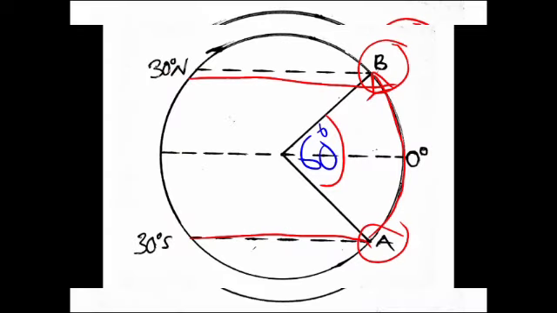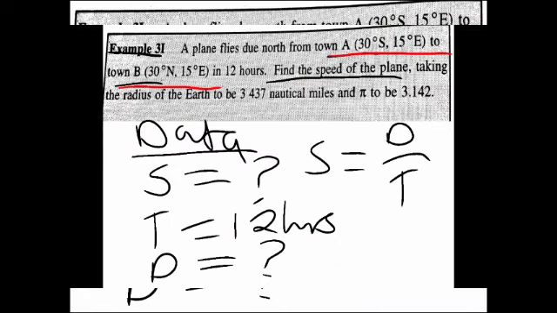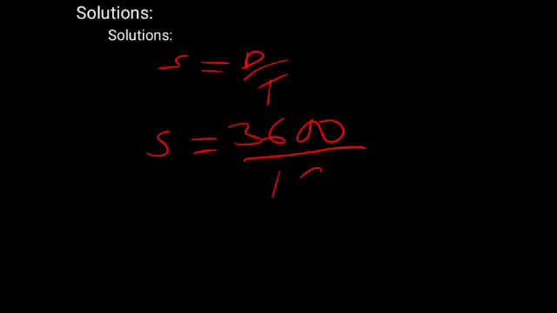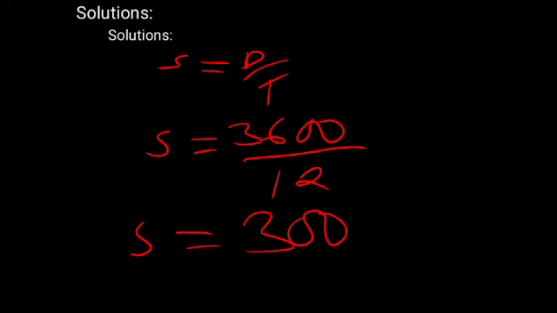The time given is 12 hours right here. So we're going to say over 12 hours. So speed is going to be equal to, what is 3,600 divided by 12? That is going to give me 300, if I'm not mistaken, 300 knots.